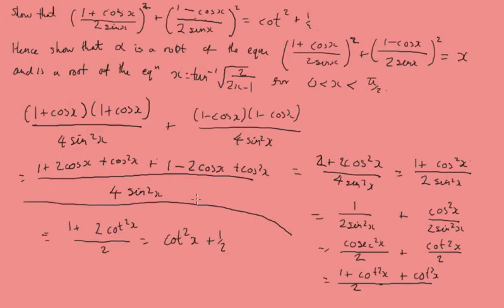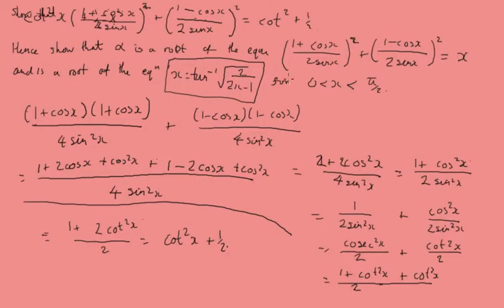Now, I should have kept that there. Okay, we're going to now look at this and turn it into this. We'll come back to there just to look at it again. So we've got cot squared x plus a half equals x, sorry.